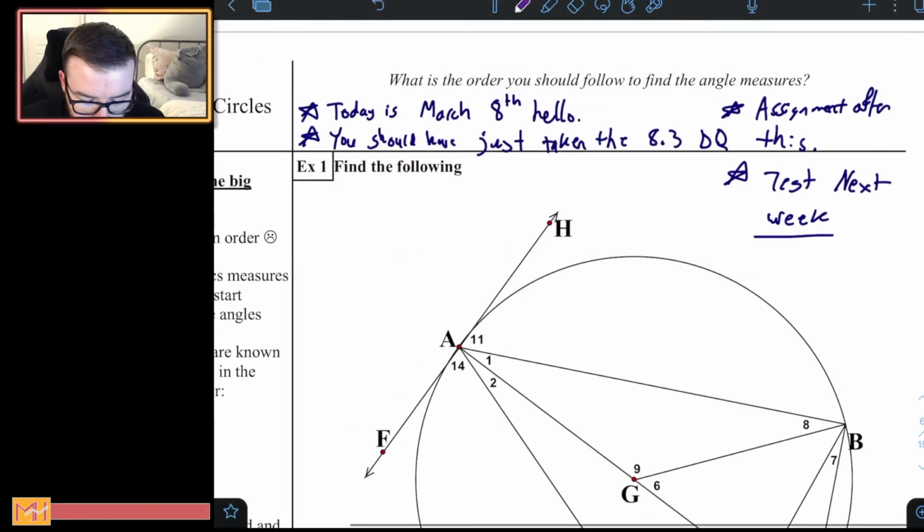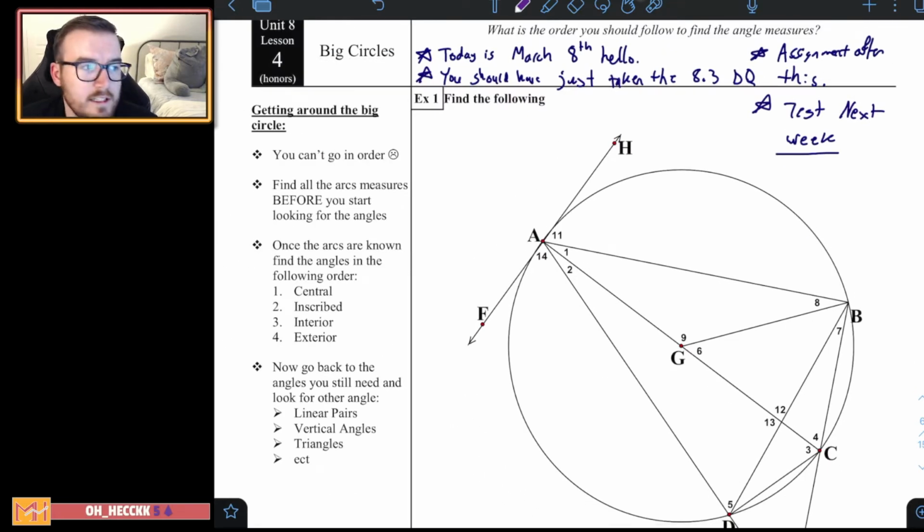Last lesson that we had together, we were looking at interior and exterior angles. And the class period before that, we were looking at central and inscribed angles. So we now know that there are these four types of angles that exist in a circle.